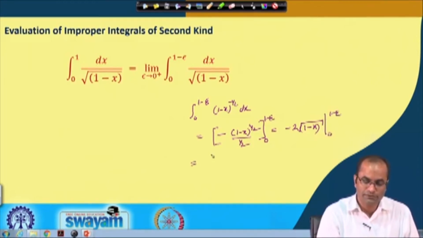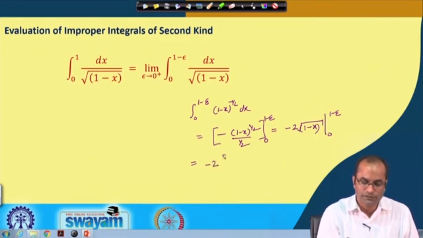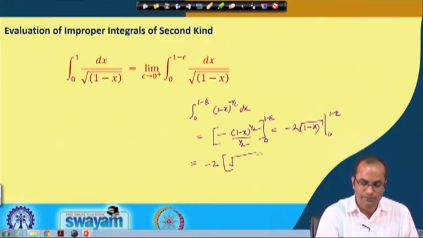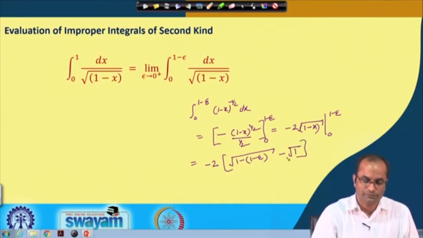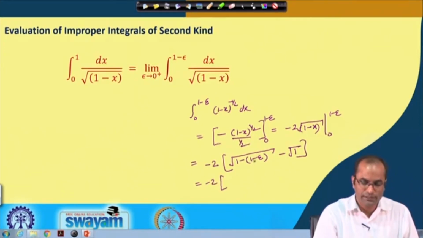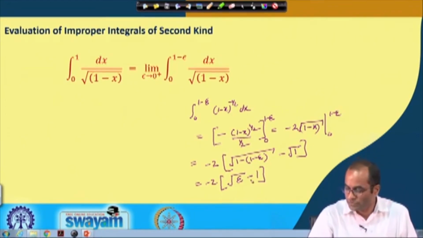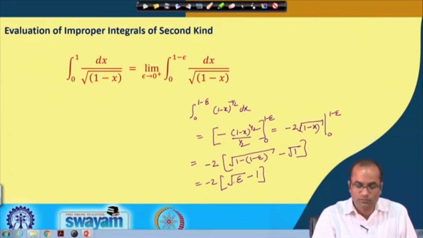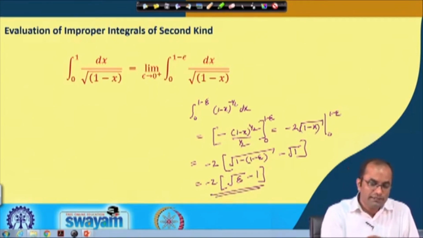So, the value of this integral, when we put in 1 minus epsilon, we have 1 minus (1 minus epsilon), which is epsilon, and minus the square root of 1, that is 1. So, we have minus 2 times the square root of epsilon, and then minus minus 1 there. Now we will take the limit.